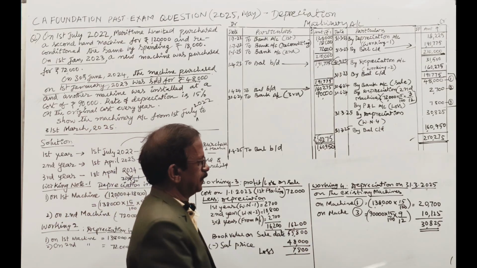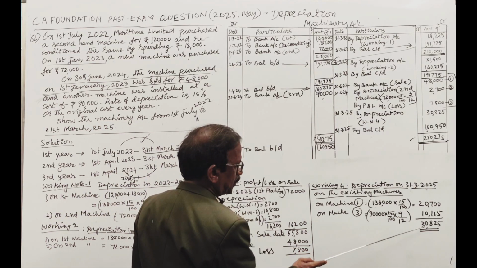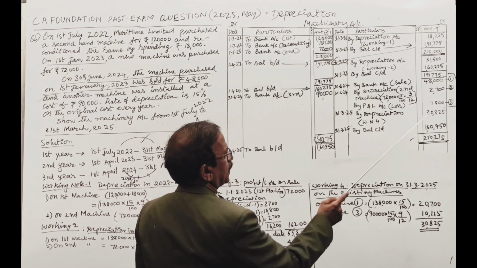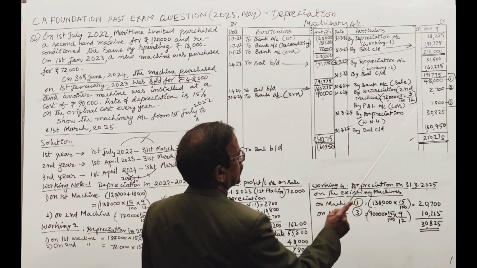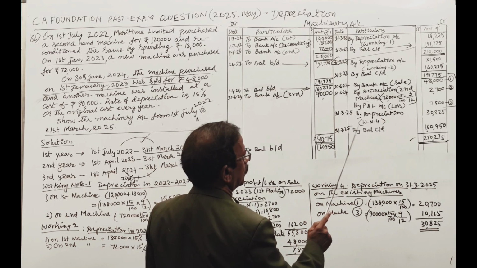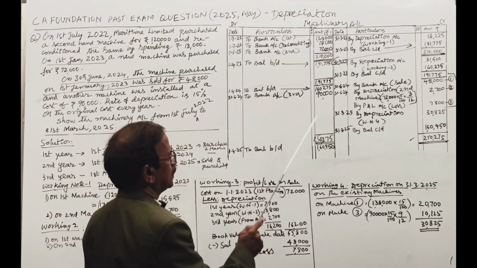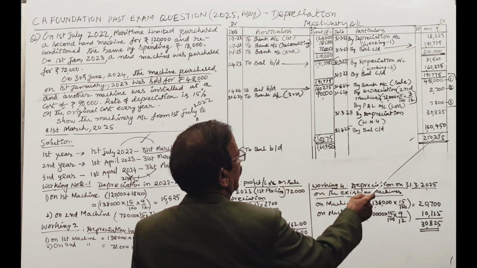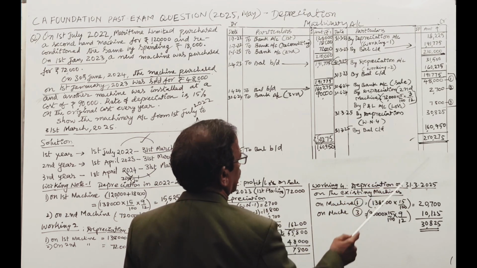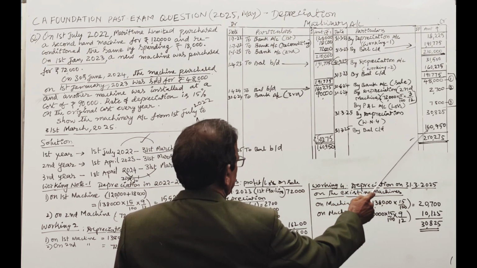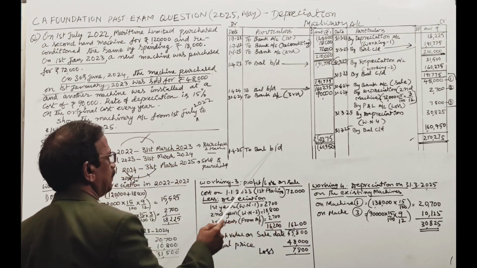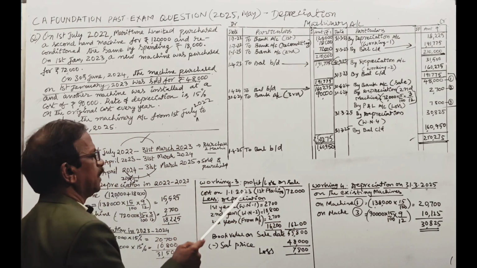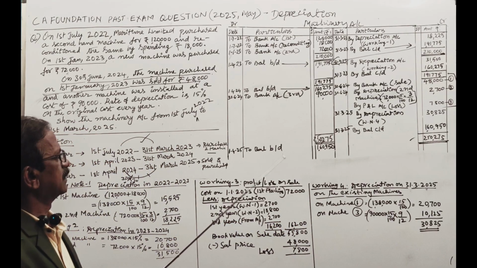Don't add again. So this total is to be taken here as depreciation as per working note 4. Now you can take the balance. That balance came to be 1,60,950.